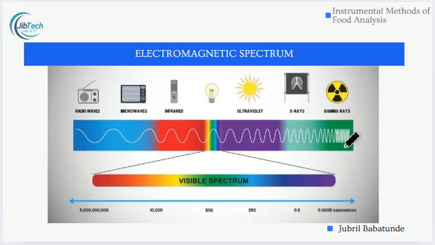You can see the movement, a high number of circles in a few seconds, and the wave is able to move faster. So gamma ray has high energy, high frequency, and low wavelength. All right, so the wavelength for gamma ray is less than 0.01 nanometer, and the energy is very high.